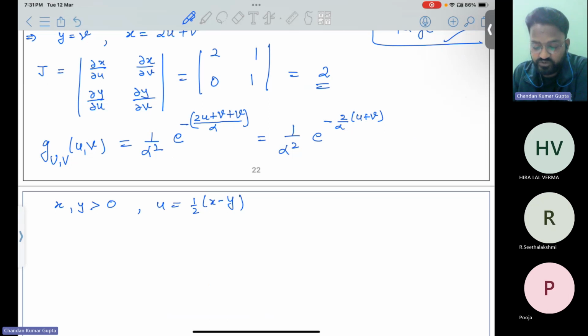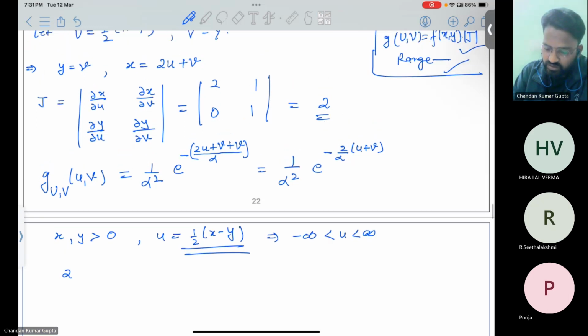So x may take value 0 and y may take plus infinity, or x may take plus infinity and y may take 0. That means the range of u is from minus infinity to infinity.